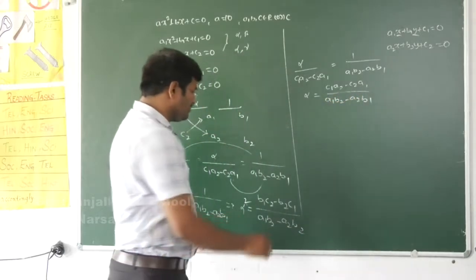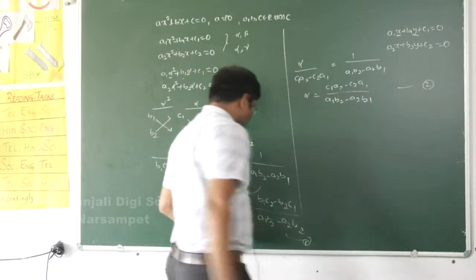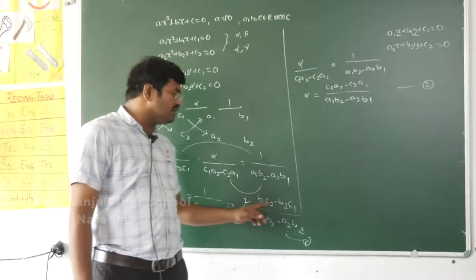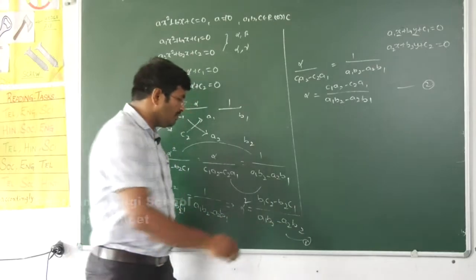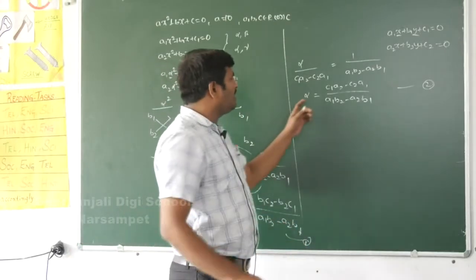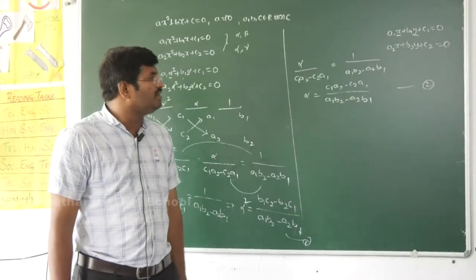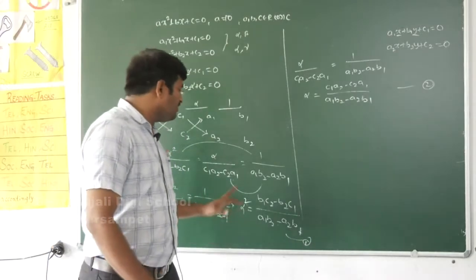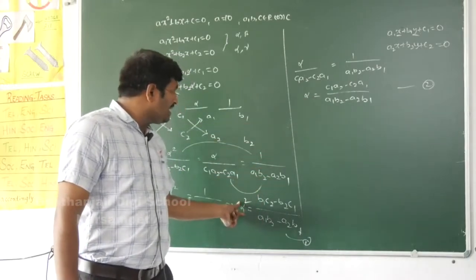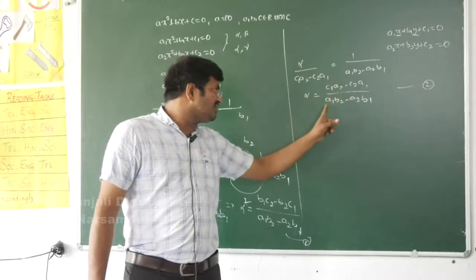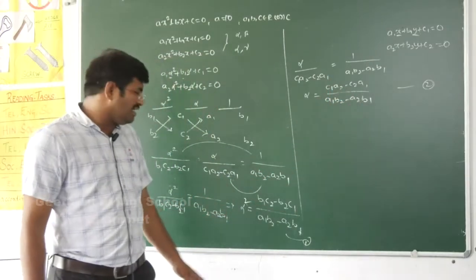Look at these equations: this is equation 1, this is equation 2. Here alpha square is equal to b1 c2 minus b2 c1 by a1 b2 minus a2 b1, and alpha is equal to c1 a2 minus c2 a1 by a1 b2 minus a2 b1. Then from 1 and 2, you substitute the alpha value in equation 1.